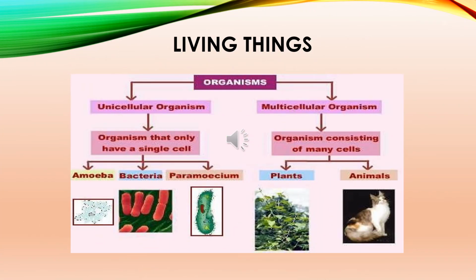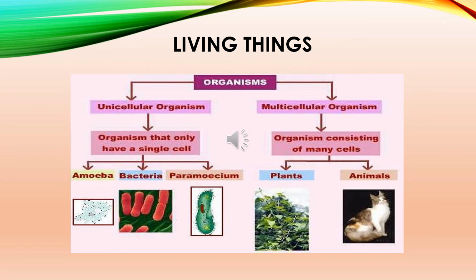Page number 5, living things. And here we are going to talk about the difference between unicellular and multicellular. Now, let's read what we have here on the screen. Unicellular organisms.